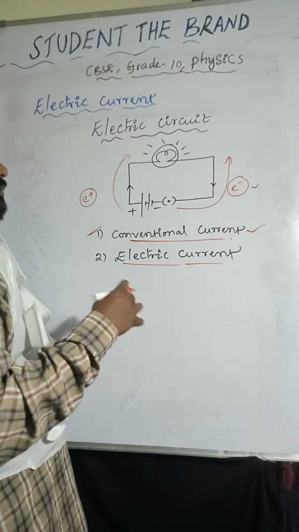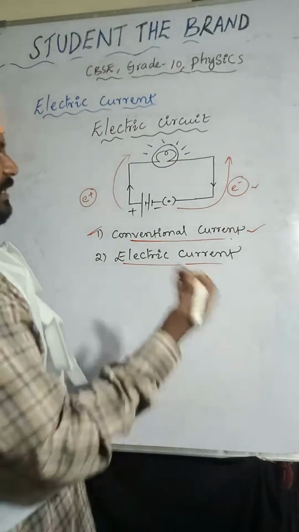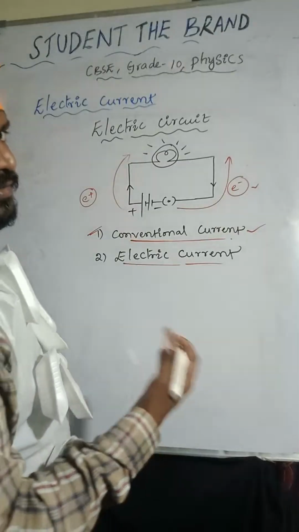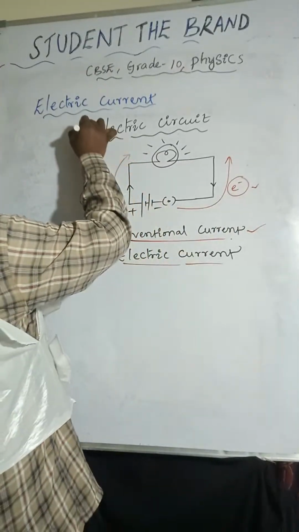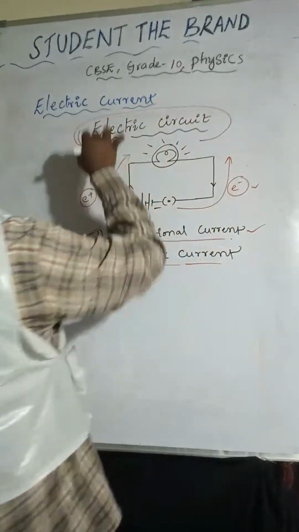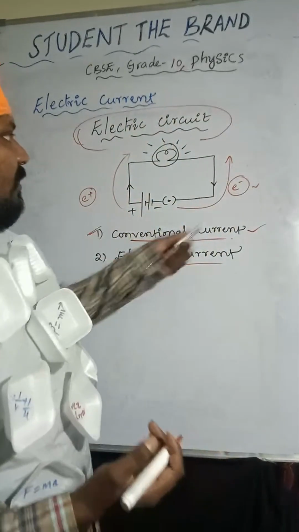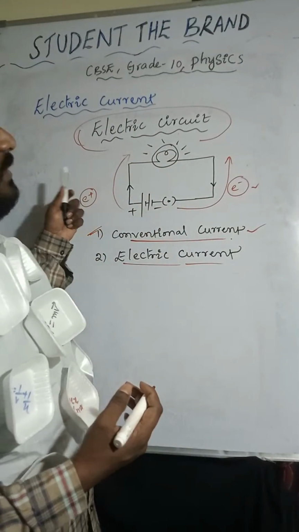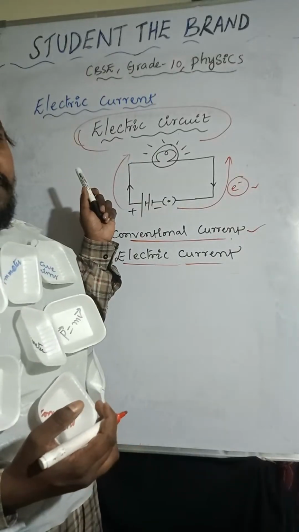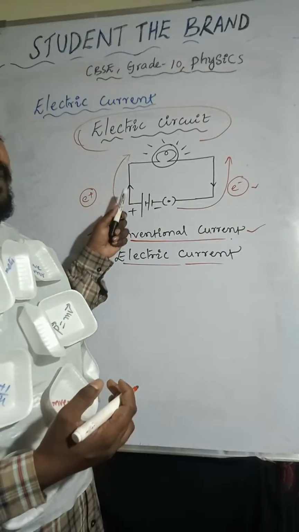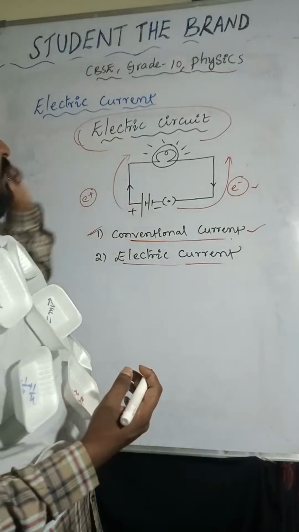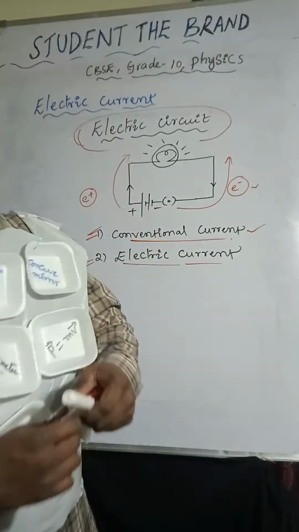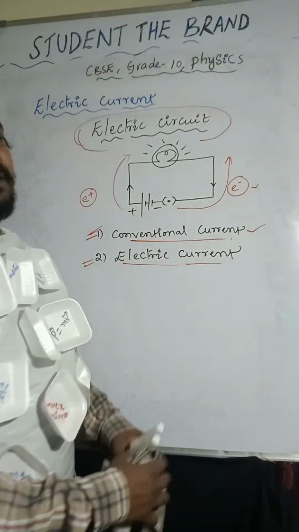A continuous and closed path of an electric current is known as an electric circuit. So, without breakage, in a closed path, current is moving. Then we can say that is called an electric circuit. So I hope you got it: conventional current and electric current.